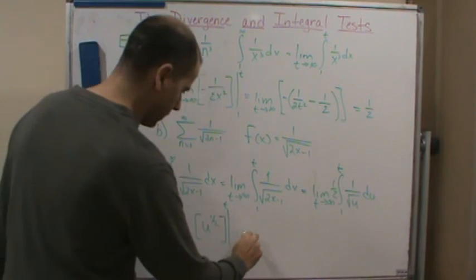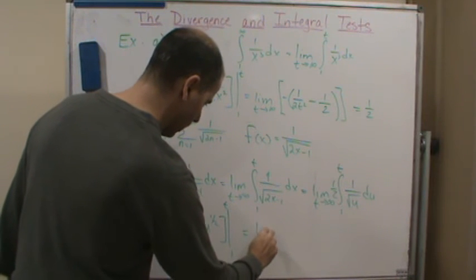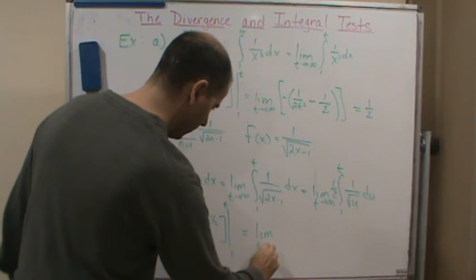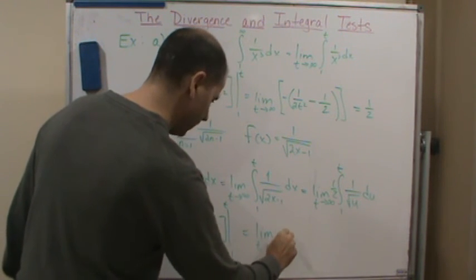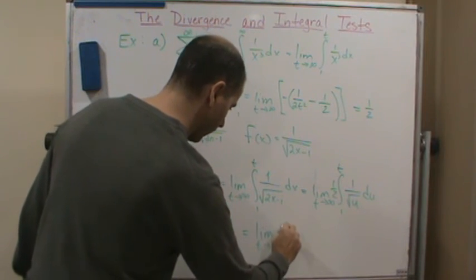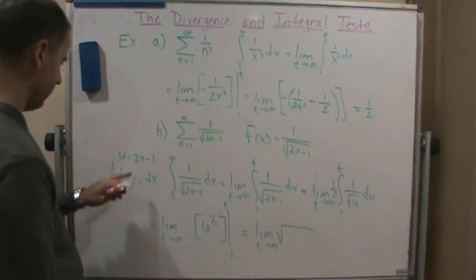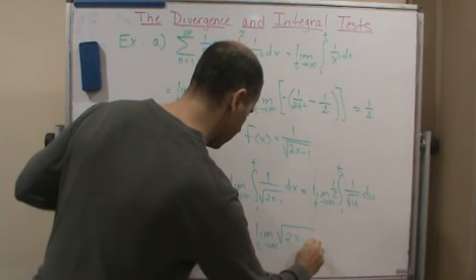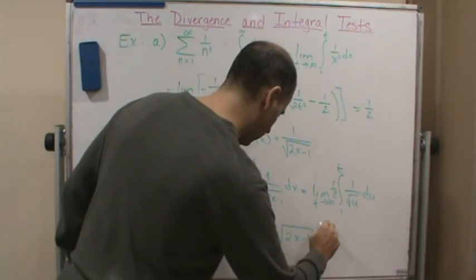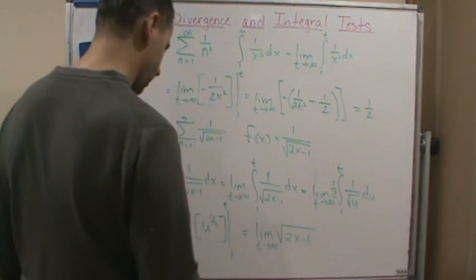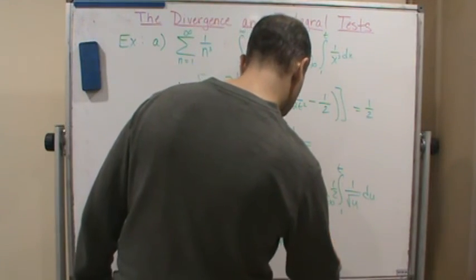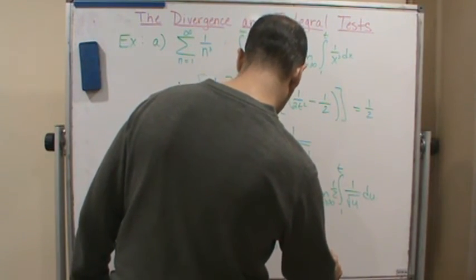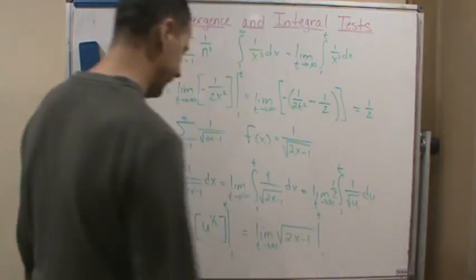So now I'm going to change everything back to x. So now it's going to become the limit as t approaches infinity of what? The square root of 2x minus 1, from 1 to t.